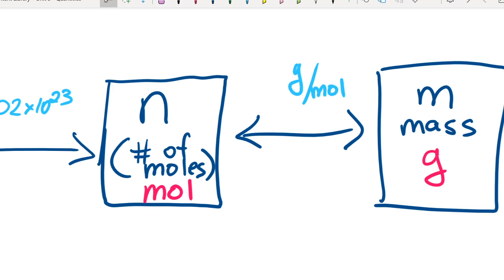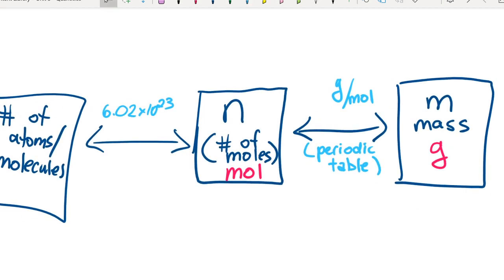Where do I find that information? Yeah, the periodic table. If I look at the table of the elements, it tells me how much a mole of anything weighs. If I look here, it tells me that iron weighs 55.845 grams. So if I know how many moles of iron I have, can I figure its weight out? Sure. Does that make sense?